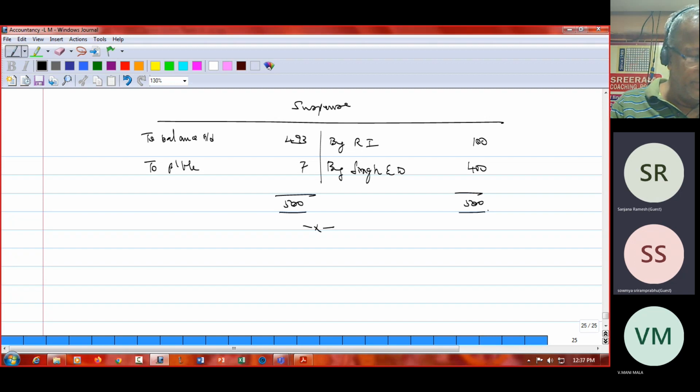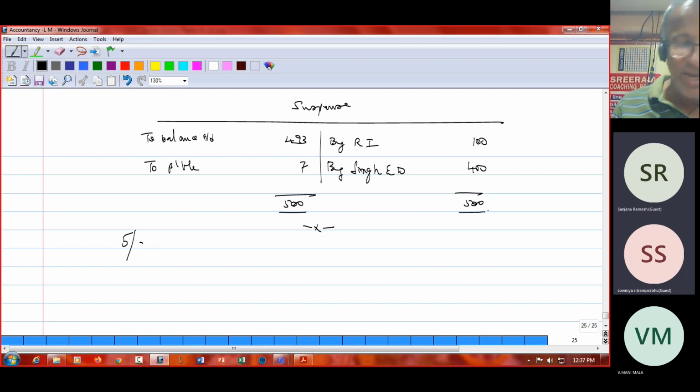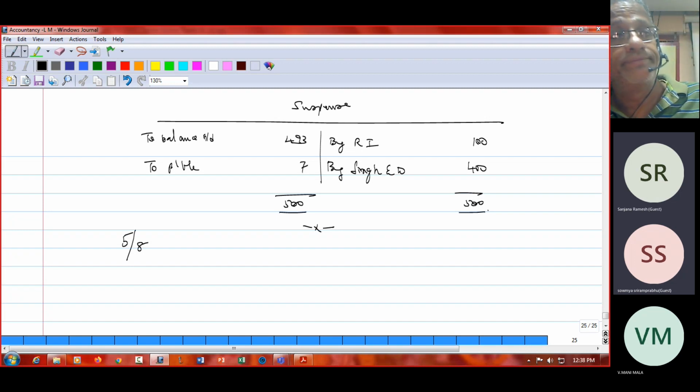Is it okay? Okay, sir. 5 out of 8 we have solved. 3 you got to solve. At this moment, I would like to take a new topic, because we have before us close to an hour only. When we start solving that, the remaining portion we will not be in a position to take up on to bank reconciliation statement.